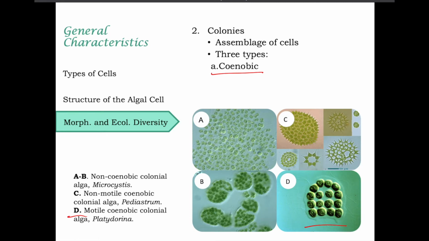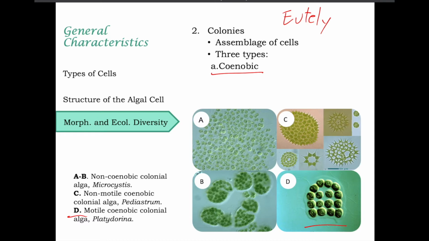So often, your cenobic type of colony has a property that we call uteli. This is the condition wherein when your colony reaches a certain maturity, they have a fixed number of cells.